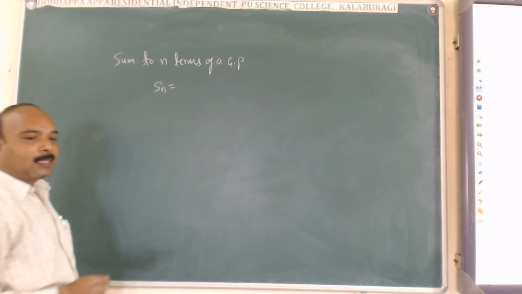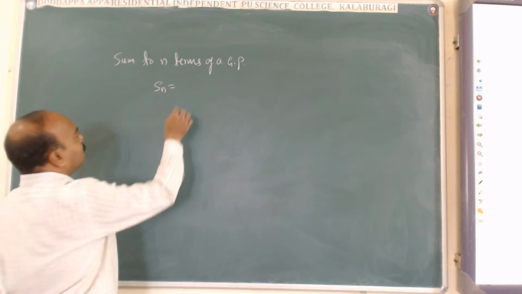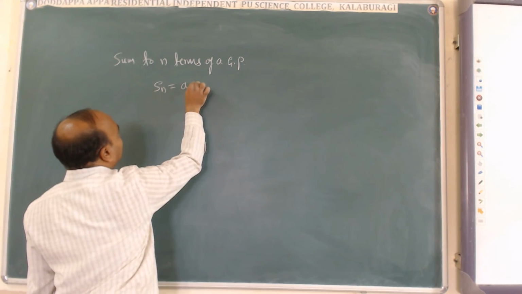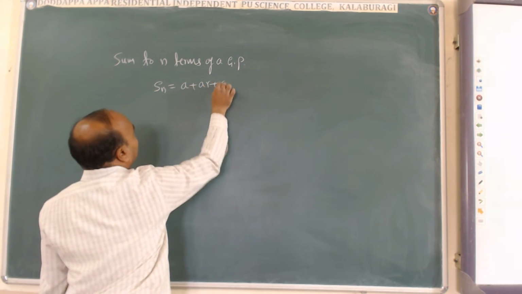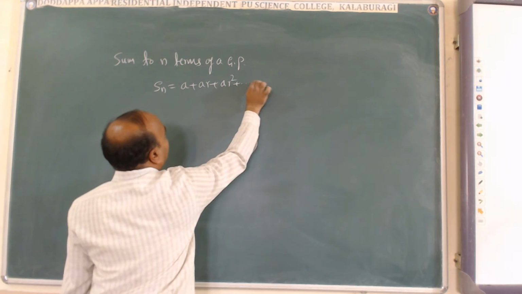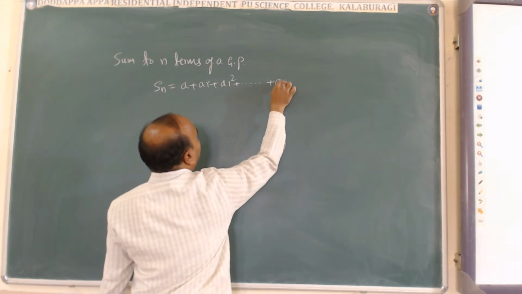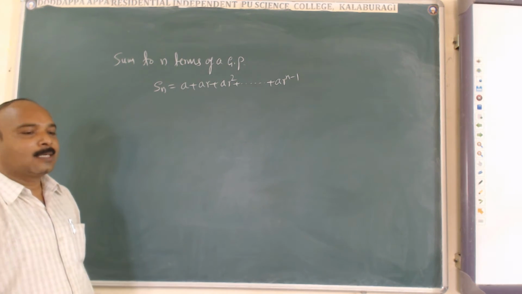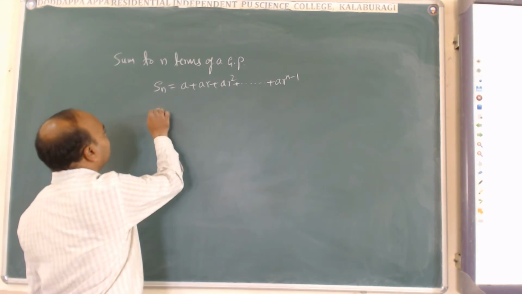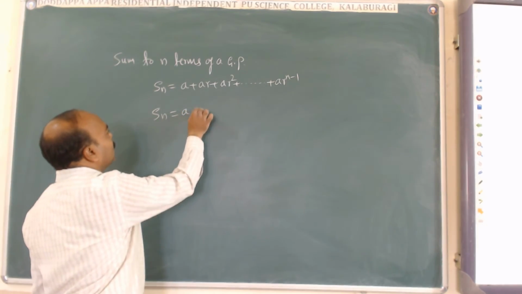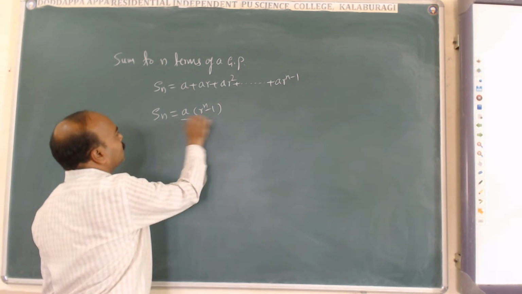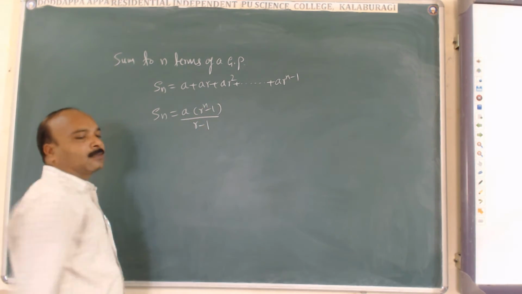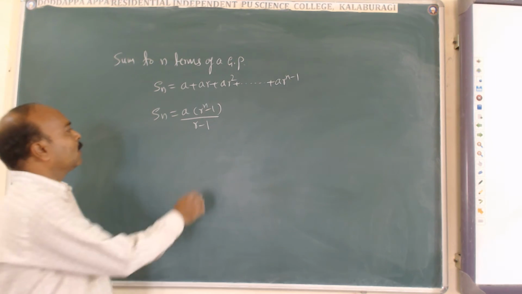You can add all the terms of the sequence: the first term is a, the second term is ar, the third term is ar square, and so on, up to the last term a r raised to n minus 1. If we add all the terms, we get the sum to n terms of the GP. It is given by a into (r raised to n minus 1) by (r minus 1). It is one formula.